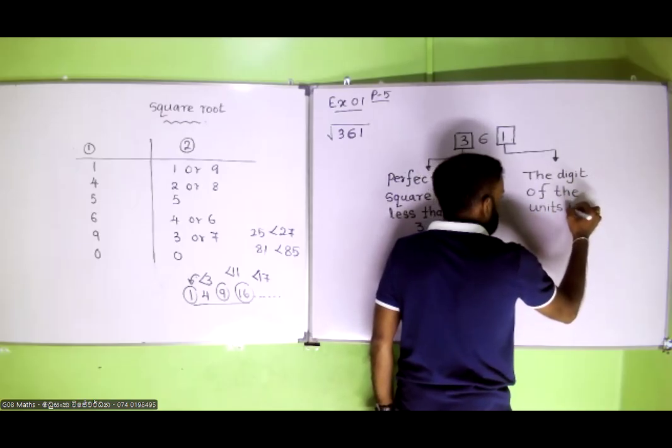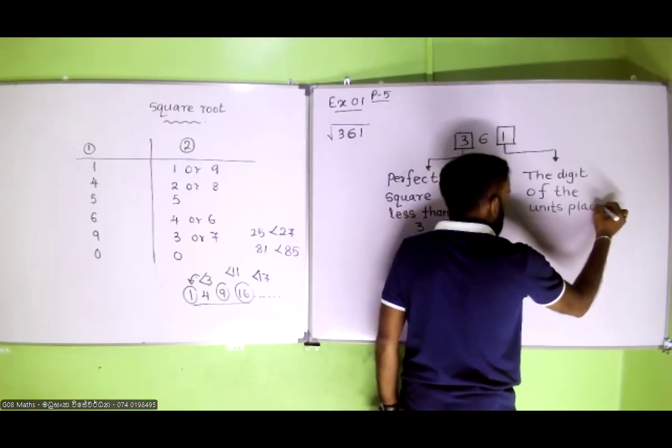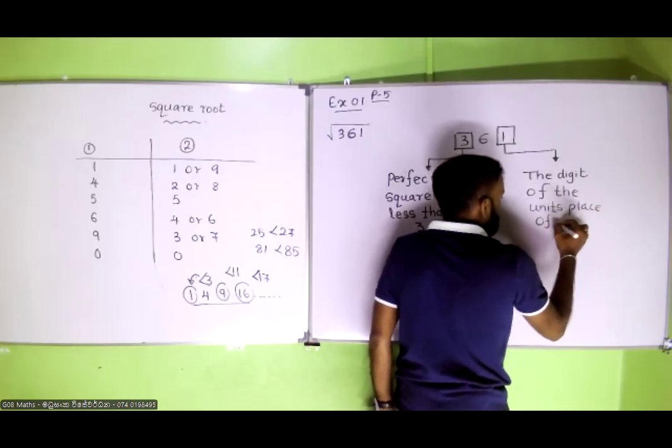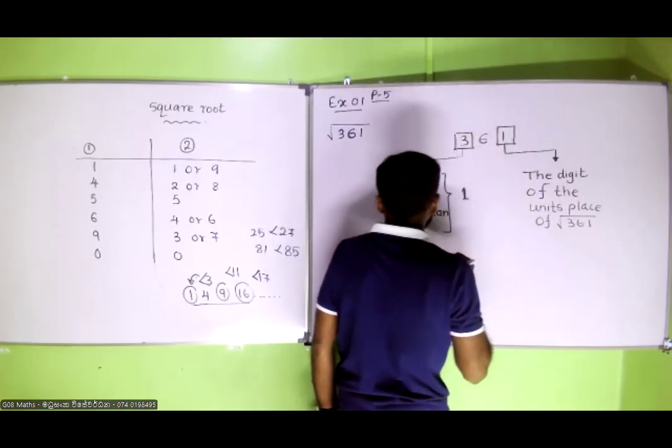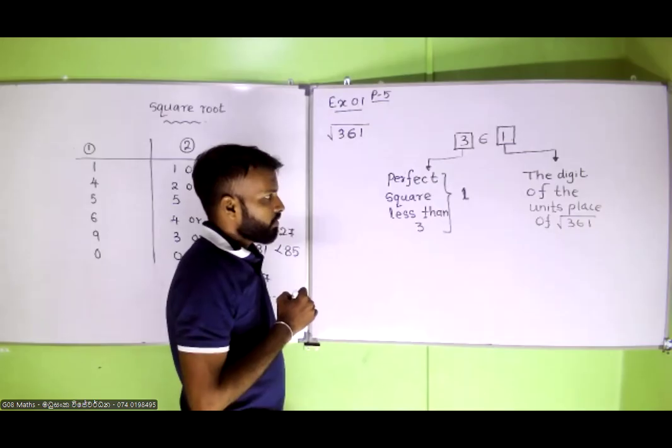The digit of the units place of square root 361.